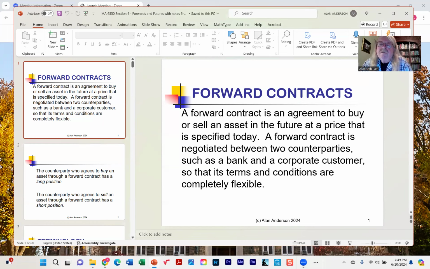So forward contracts have many advantages. Among them is complete flexibility, because the reality is, two counterparties can agree to almost anything you can imagine. And so imagine a multinational corporation that deals in a relatively small country like Iceland, let's say. A US company does a lot of business in Iceland. Now, Iceland's currency, the kroner, is not heavily traded in world markets.